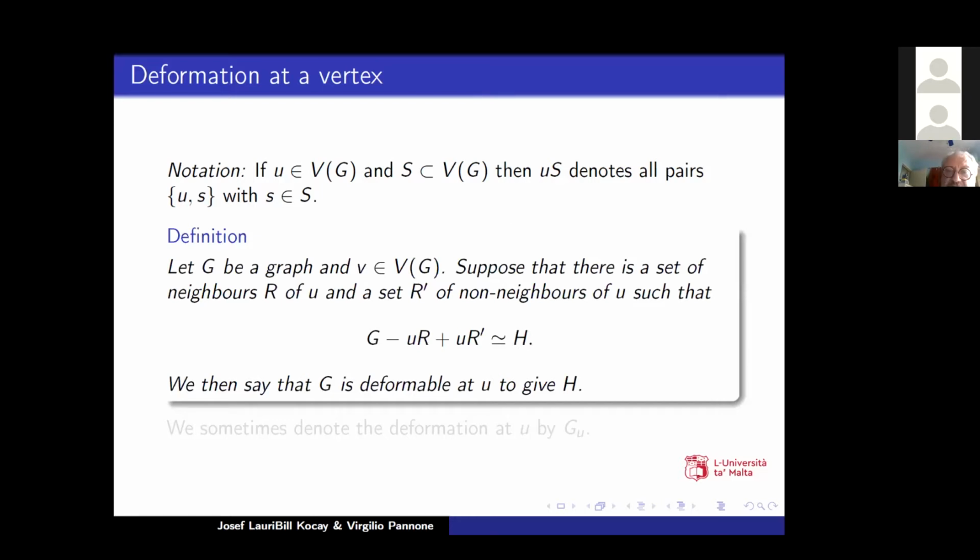Let G be a graph, and let U be any vertex of G. Suppose there is a non-empty set of neighbors of U, it could be the whole set, and a corresponding set of non-neighbors of U, in such a way that when we remove the edges from U to its neighbors and replace them by edges from U to the non-neighbors, from G we get the graph H. In that case, we say that G is deformable at U, there is a deformation at U, which gives H. For short, we often denote this by simply GU.